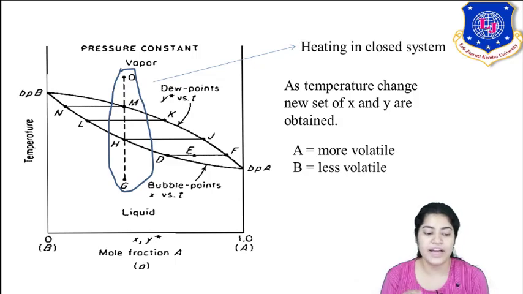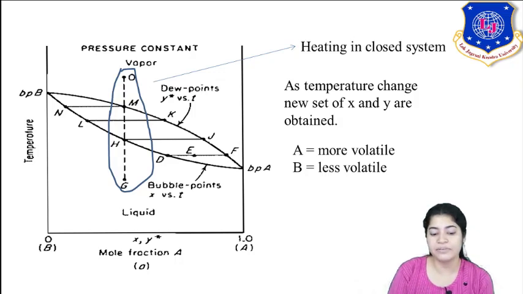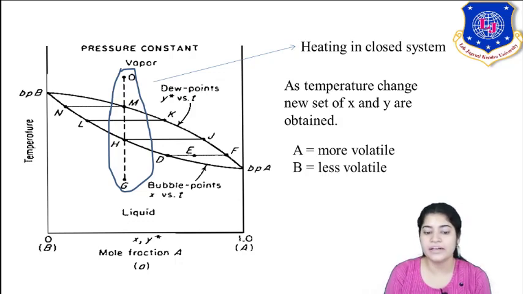For that, first of all look at the bottom, about the mole fractions. At B point, what does B point show? And similarly at A point, you can see the mole fraction is 1. It is a condition where, if I'm representing my graph in form of liquid phase composition, it is the A line, a pure A condition, hence XA is equal to 1 or YA is equal to 1.